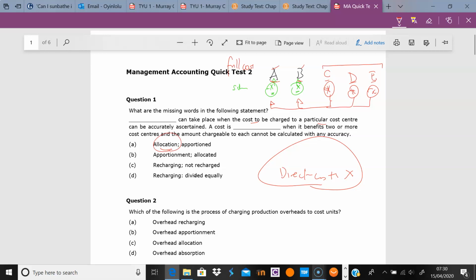But then when you now have these C, D, and E, because they do work for A and B, we now need to reassess it, or if you like, share it, so to speak. I mean, this could have been rent. We need to share it because A and B might have their own warehouses, and C, D, and E have rent costs as well.